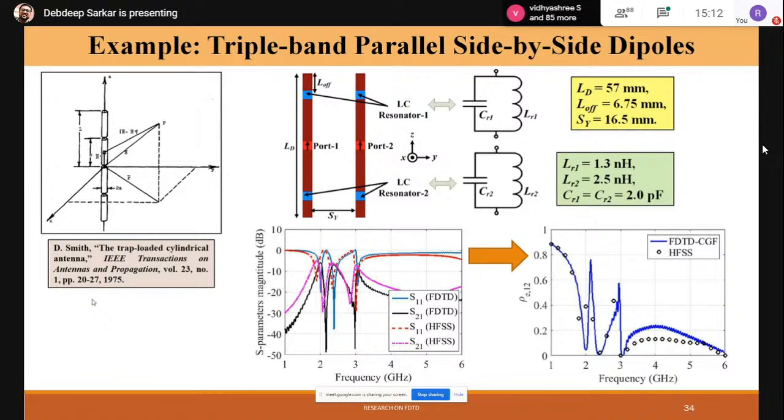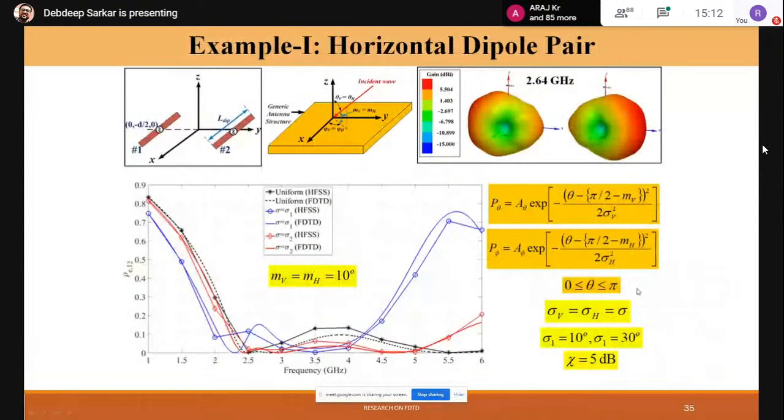The resonator can be embedded in the dipole, or kept in close proximity to the dipole, to get multi-band impedance matching. The radiation profile remains the same, but you can match it at different frequencies and get a multi-band response. In those systems also, our code could find very fine resolutions.